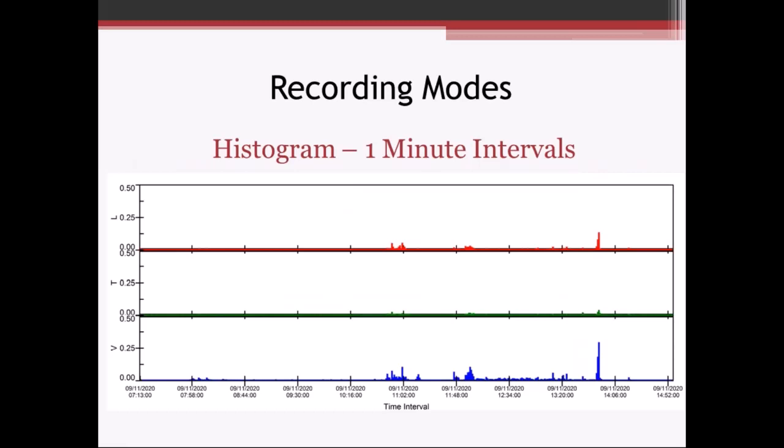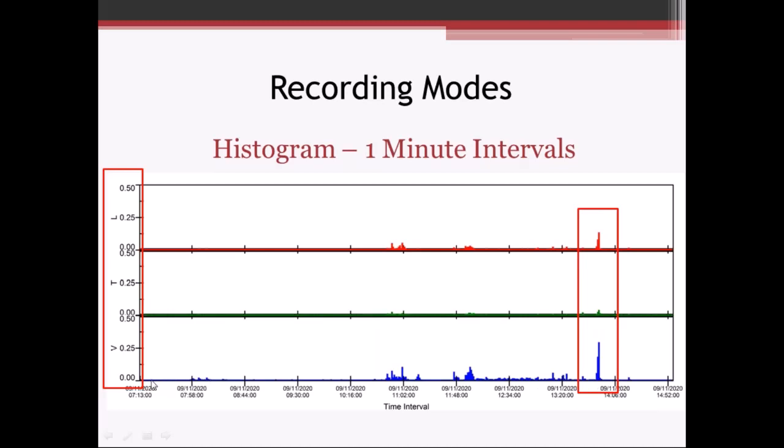Here's a record of a histogram. Again, looking at the scale here on the left. The histogram just provides absolute data. It doesn't give the waveform data, that gives positive, negative voltage. It just gives the absolute voltage, or in this case, obviously the peak particle velocity. So we can see over here, just before 1 o'clock, this is when our highest peak particle velocity was throughout the day.